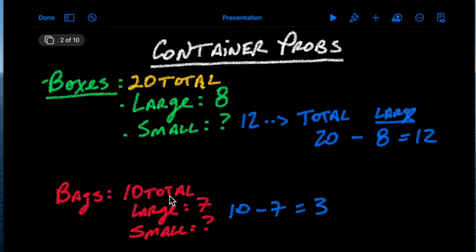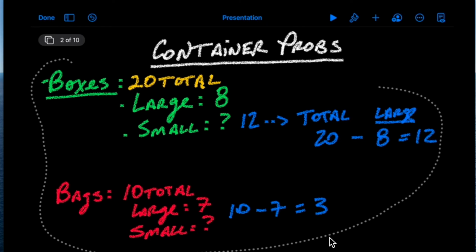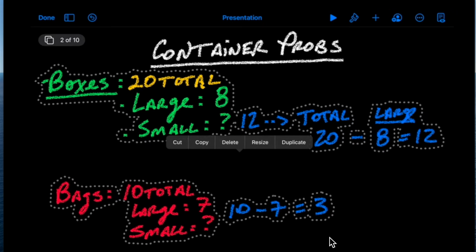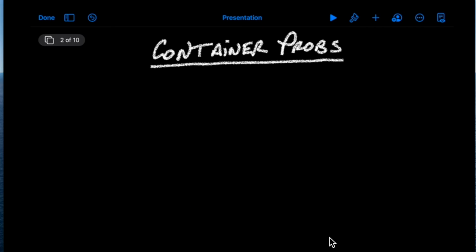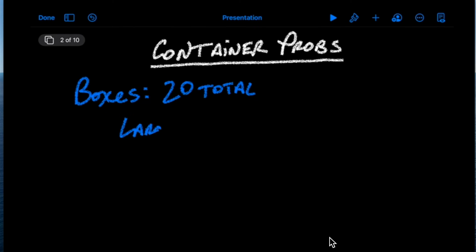So I want you to use this concept in the following scenario. What if I told you that I had 2 types of boxes? One were large and one were small. Okay, so we have boxes again, and we have 20 total. And for the large boxes, it was unknown.